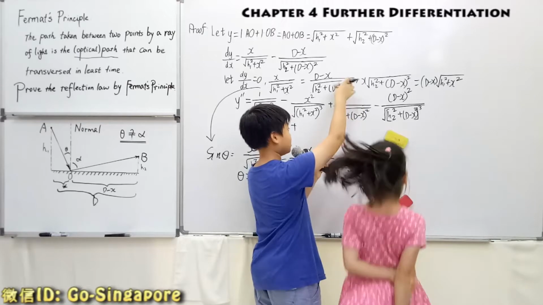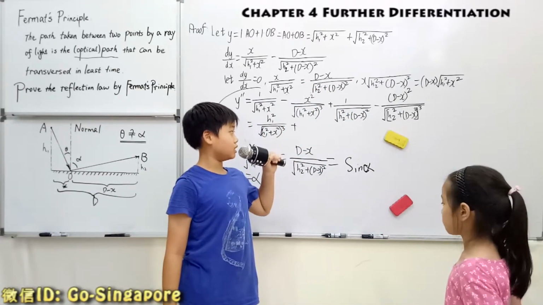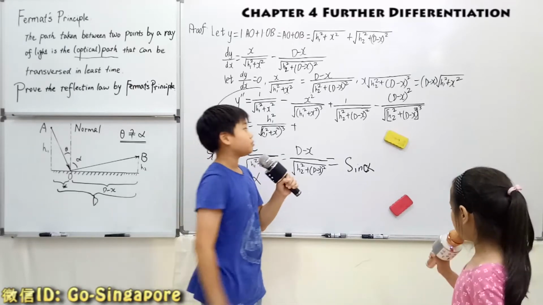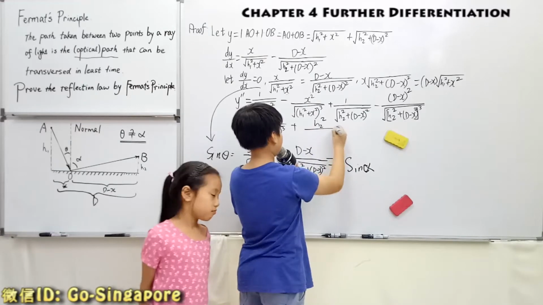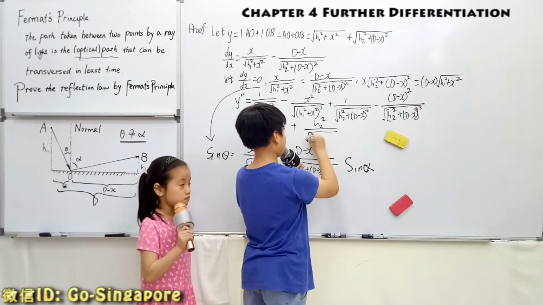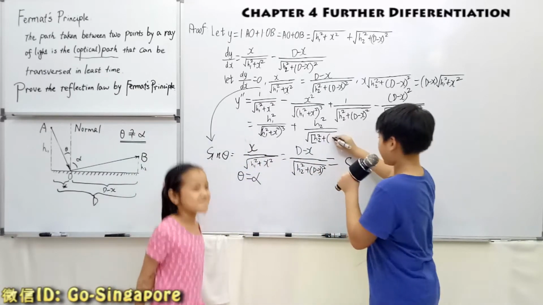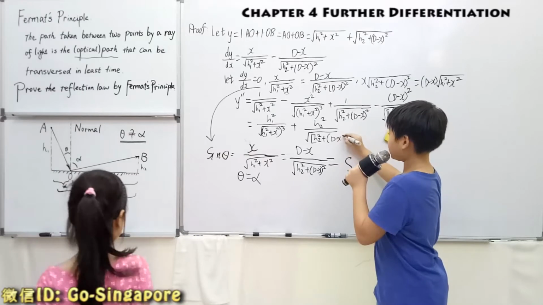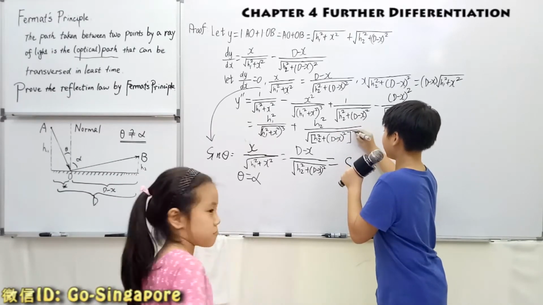This one you need to times h2 square plus the bracket d minus x bracket square, right? Correct. But this is still h2 square over this square root, and then you have the bracket, the h2 square plus bracket d minus x, the square, then the cube, right?